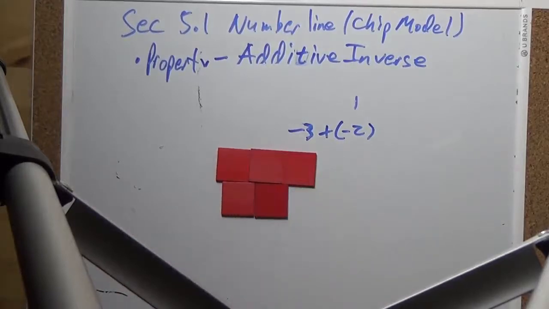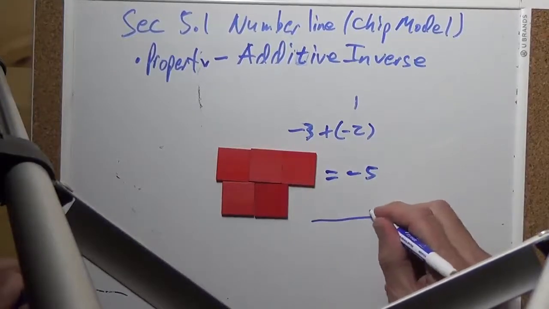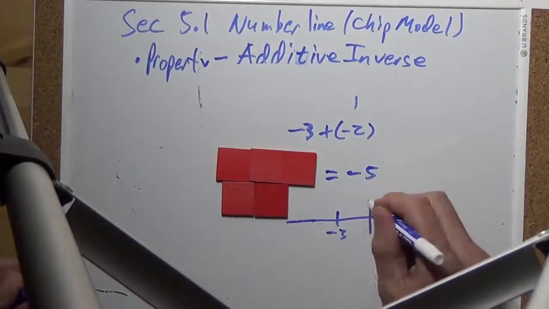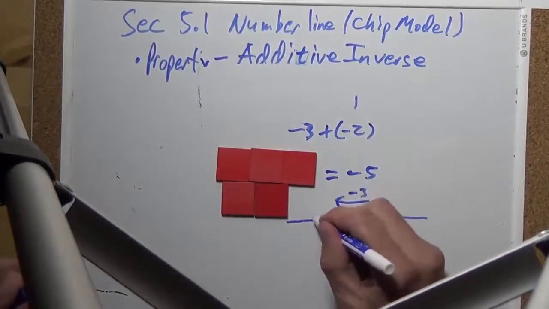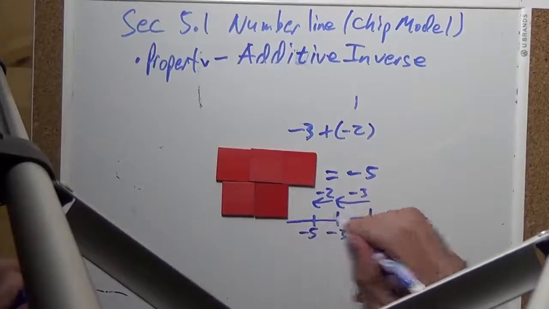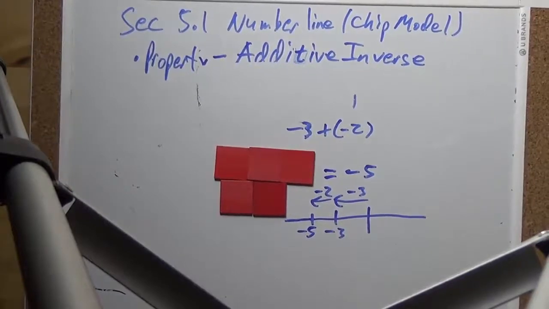Again, now I have -5. And I'm learning that when I add a negative now, -3 plus -2, I'm going to the left. And so it's another way to kind of join these things together so we're not just making up rules and procedures.